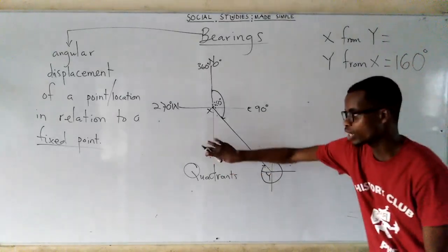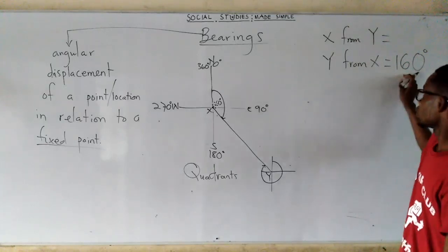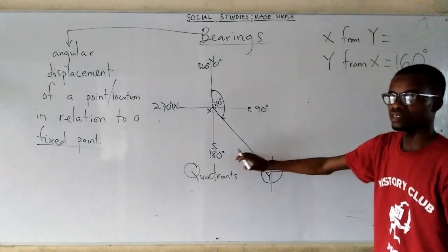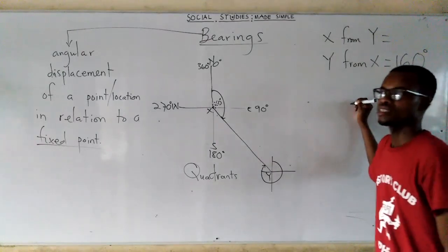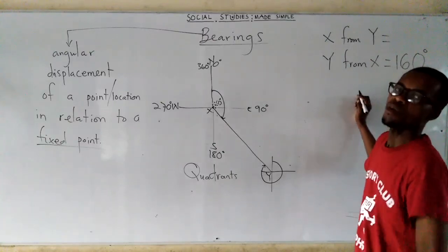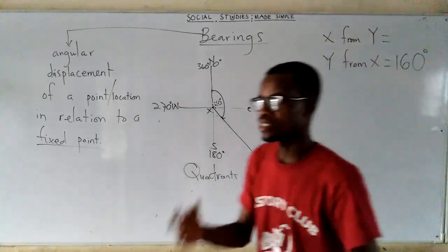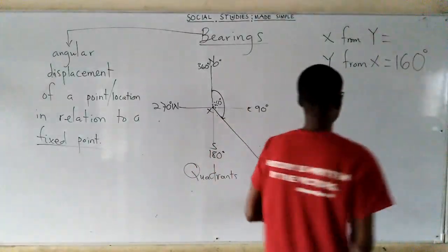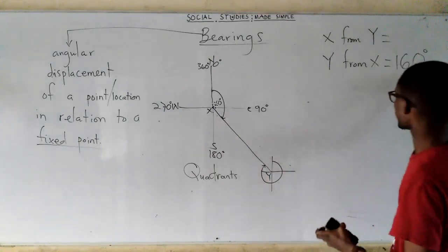We always use 180, it's a constant bearing or figure we use. So it is less than 180 degrees. If it is less than 180 degrees, you add 180 degrees. But if it is more than 180 degrees, you subtract 180 degrees.